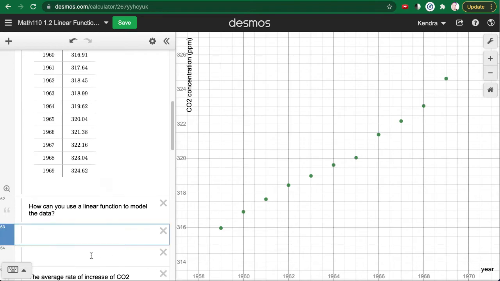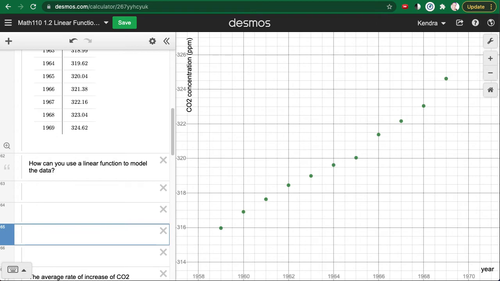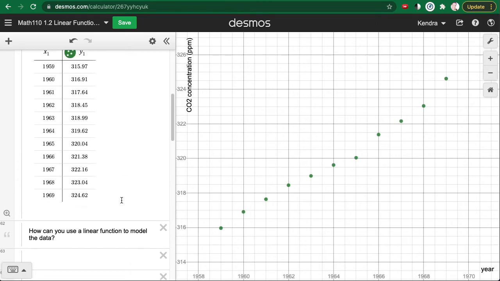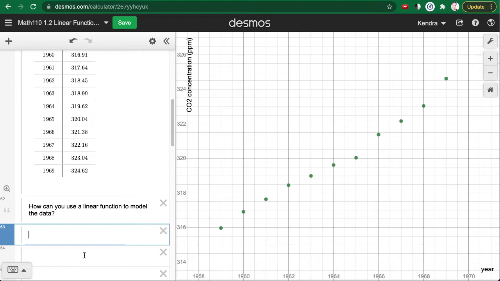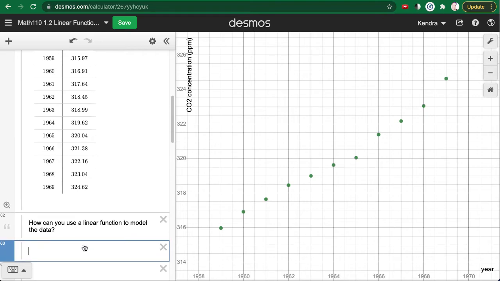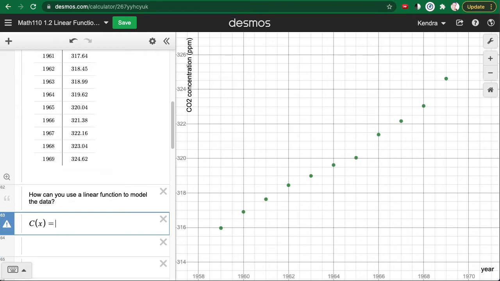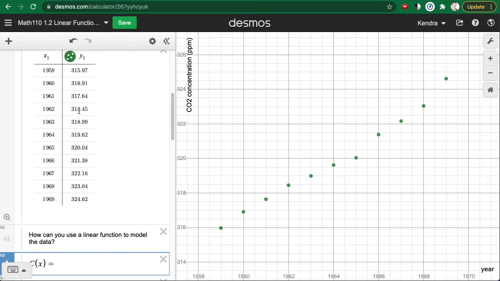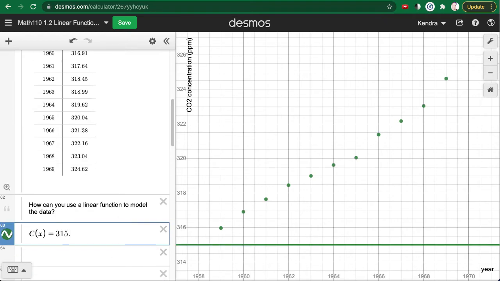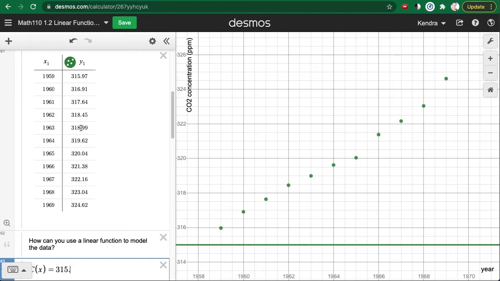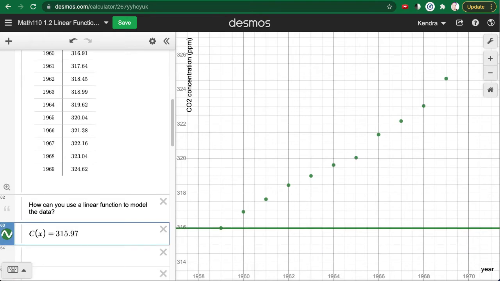So if we were to model this with a linear function, one of the things we might say is the CO2 concentration, I'm just going to call it C, is going to be, it looks like the starting concentration is 315.97. That's the starting concentration in 1959.